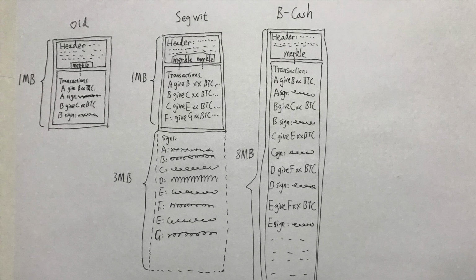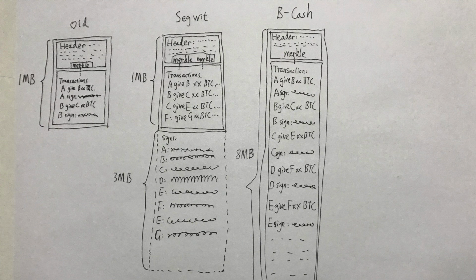So maybe it's physically 4 megabytes, but the old node still treats it as a 1 megabyte valid block. So it's kind of hacking the old nodes, cheating them to believe it's a 1 megabyte block, but actually it's 4 megabytes. So that's how Segwit people solved this problem.